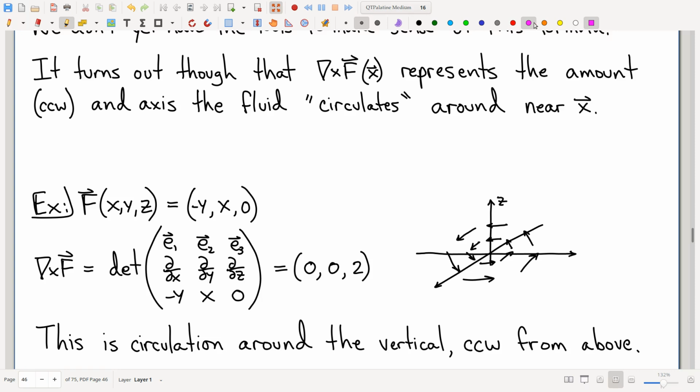Curl is about if you were to put a small but not zero size, just a small floating object in that fluid, in what way would that floating object start to spin or rotate? It's about the object in the fluid. It's not about flow lines of the fluid.